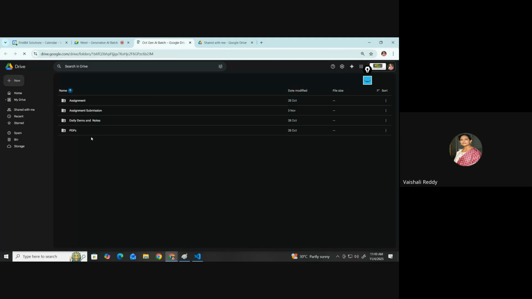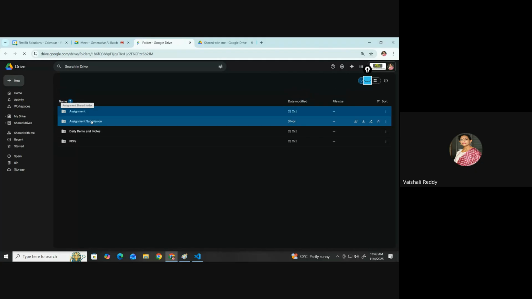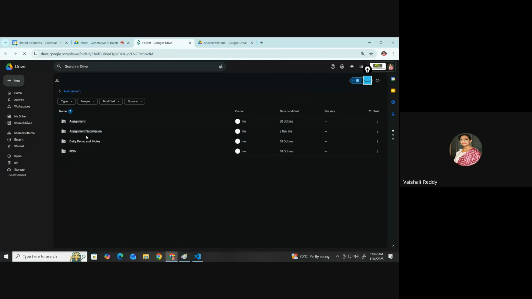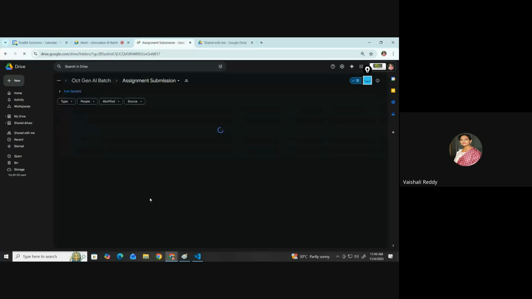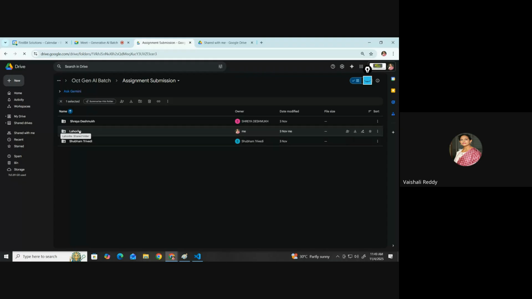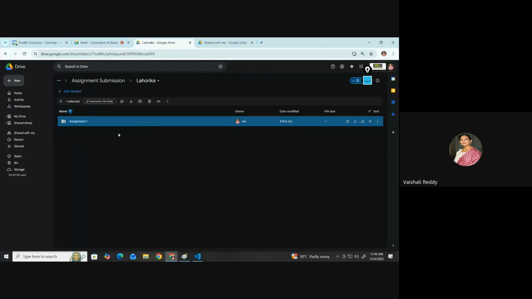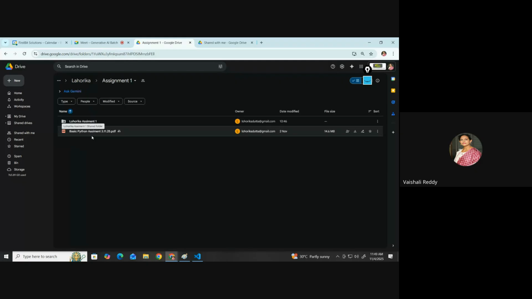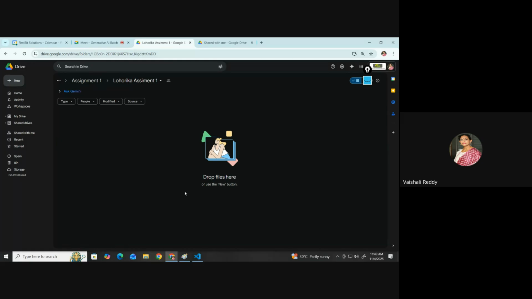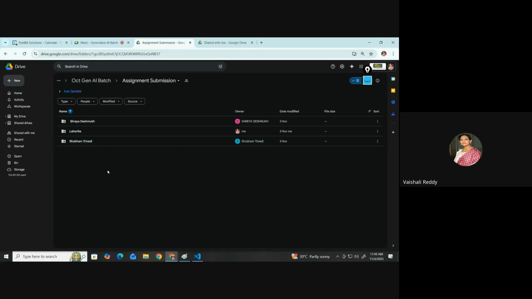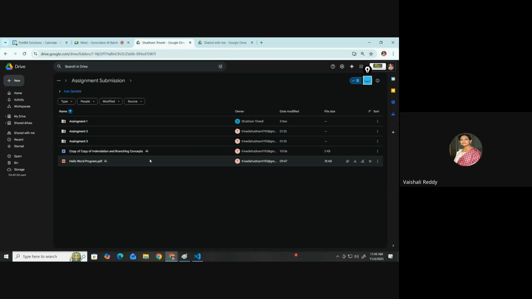Here it was. I don't know why it was not opening. So this is the summary solution. Yes, Laharika, I can see your folder. I can see it's only one. Yes, I can see the assignment, basic assignment today. There is one more folder which is empty, but I can see this folder. Is it fine, Laharika? I can see your submission. Shubham Trivedi has kept everything.